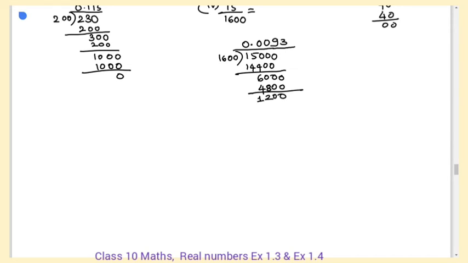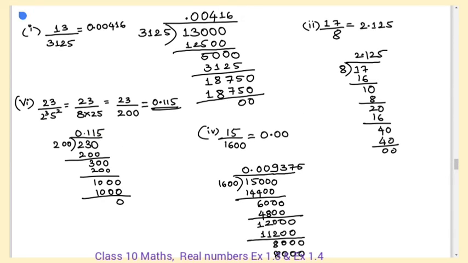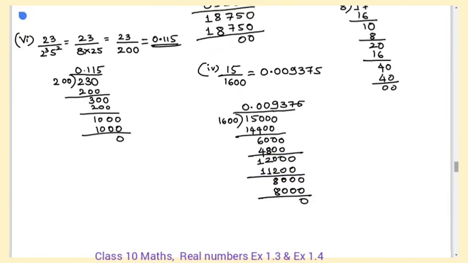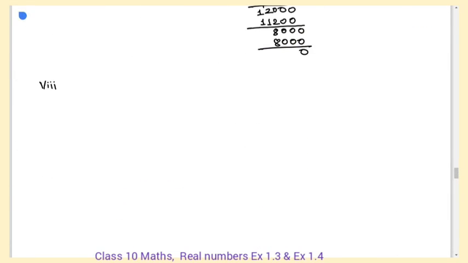Now 16 threes are 48. Likewise solve the division. 16 sevens are 112, 16 fives are 80. Now the remainder you got is 0. Then the answer is 0.009375.